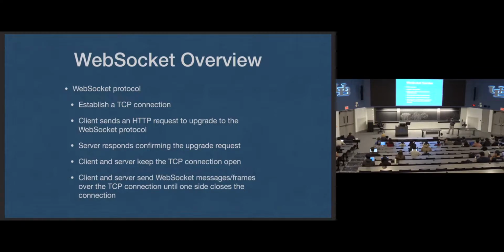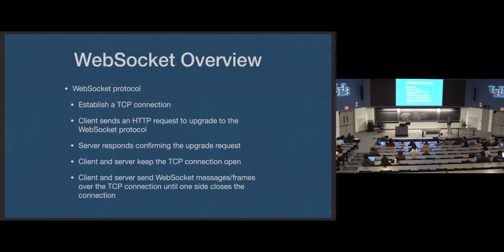The client is going to send an HTTP request, and that request is going to say, I want to use this TCP connection for WebSockets. The server is going to say, yeah, okay. And that's our HTTP request and response. So we're building this starting with HTTP. We already have our TCP connection. We have an HTTP request. We're going to send an HTTP response.